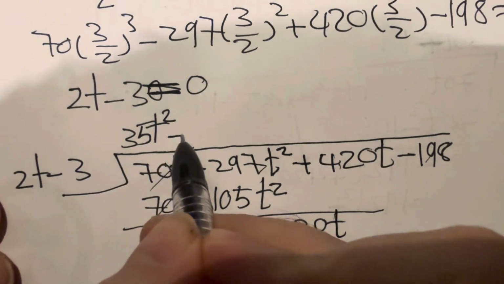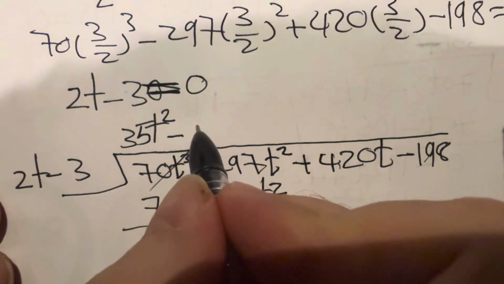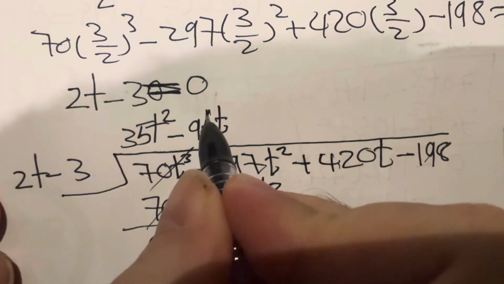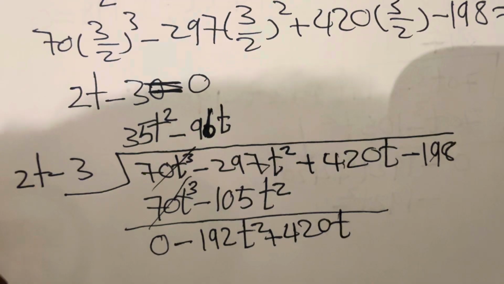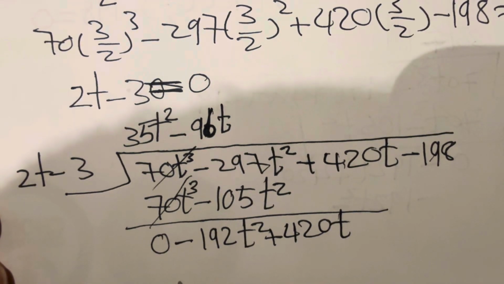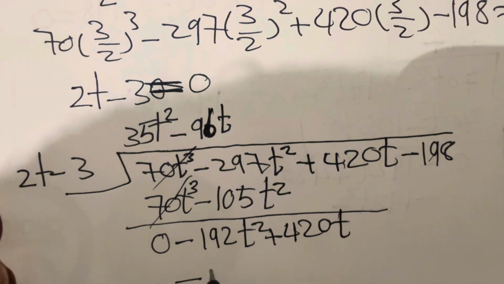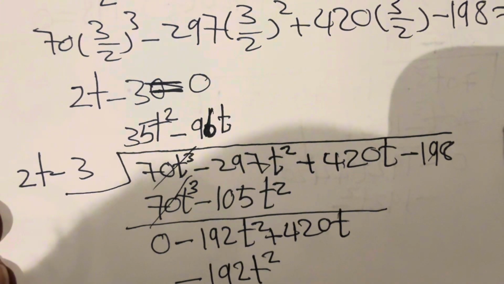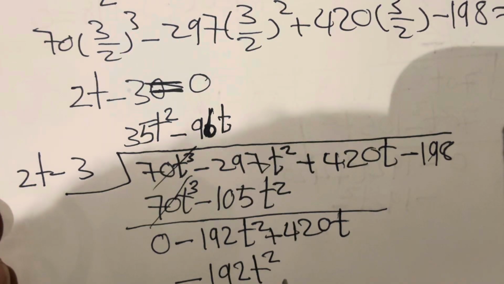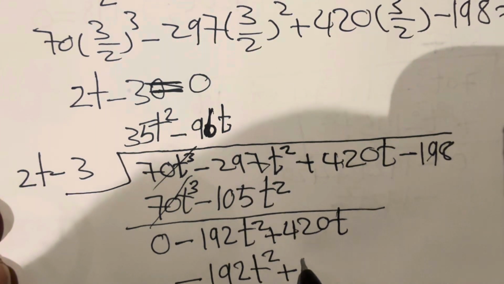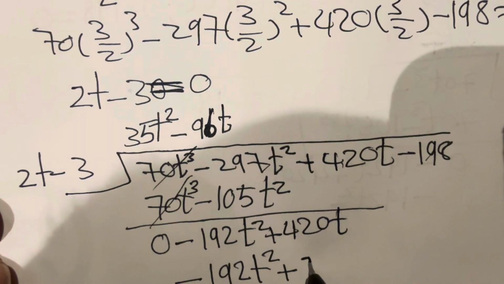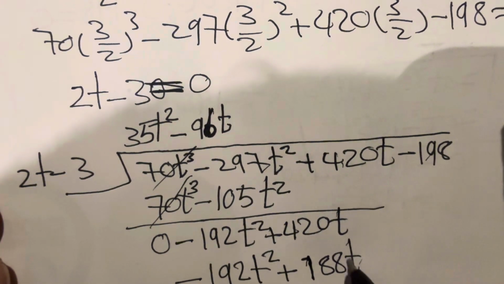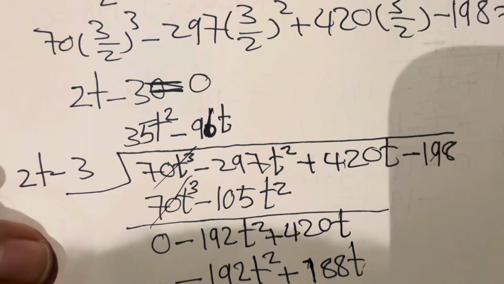We have to multiply by minus 96t. So we get minus 192t squared plus 288t.